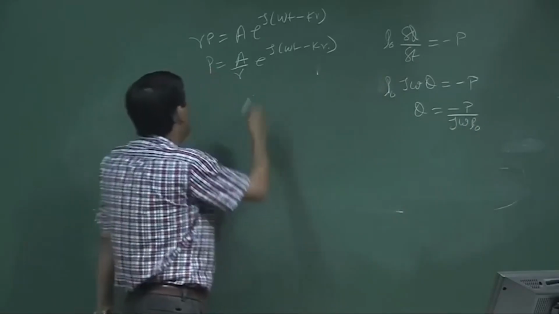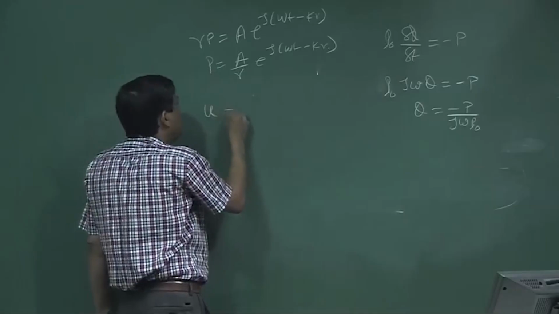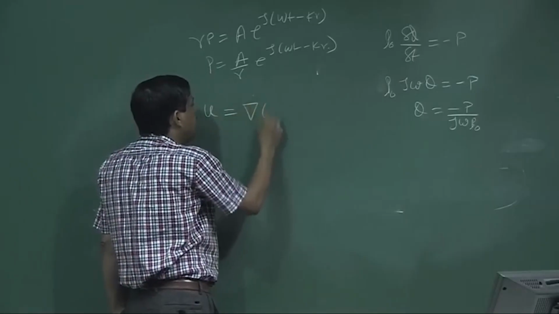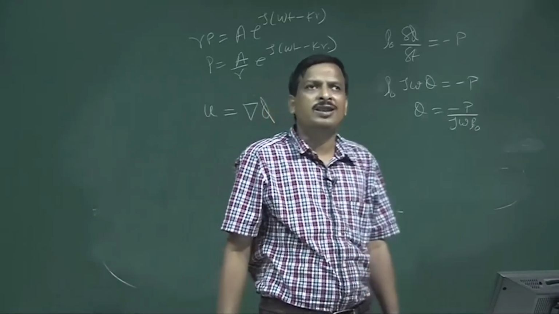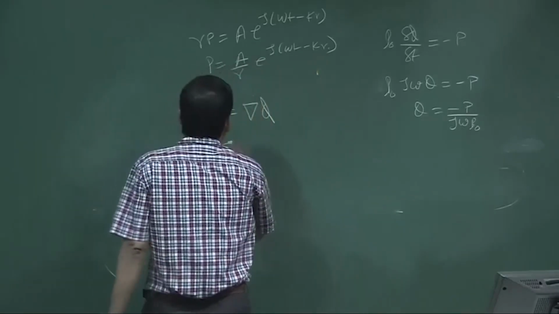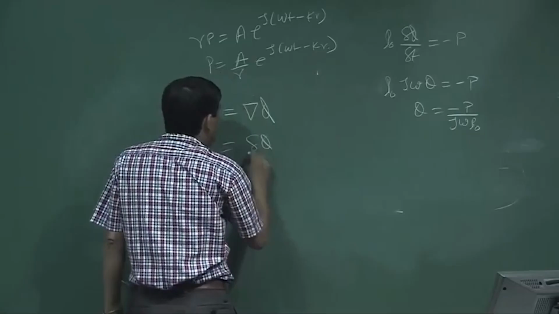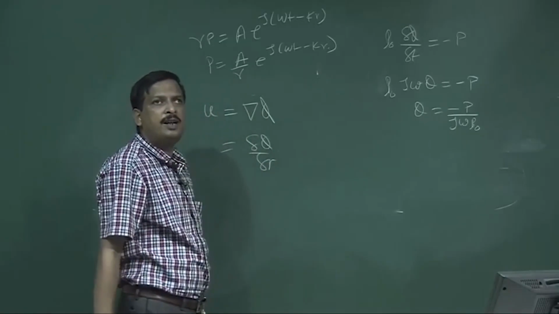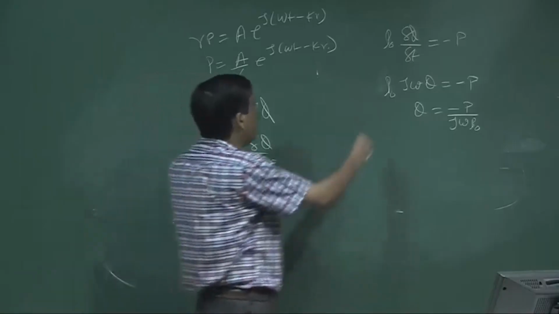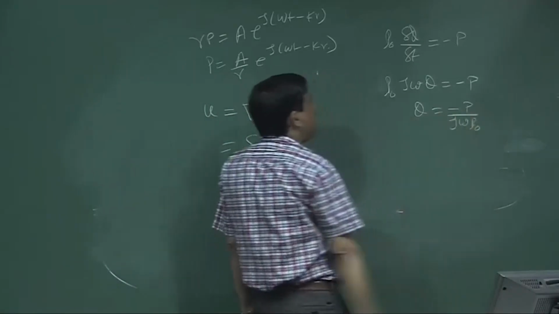Now, what is the particle velocity? u is nothing but the gradient of phi. In the spherical coordinate, the gradient means d phi by dr only. So, let us put that d phi by dr in case of p.